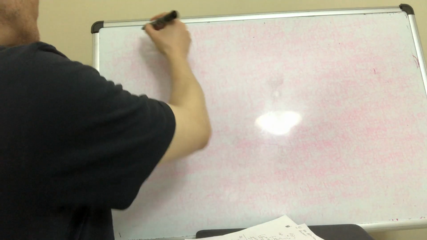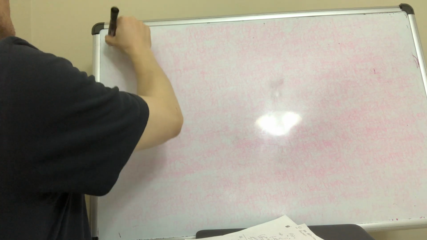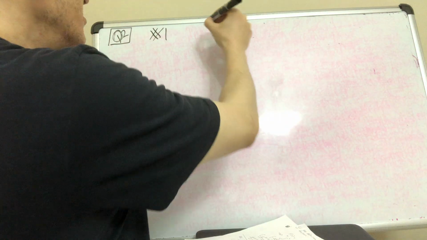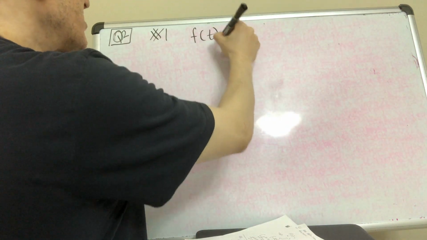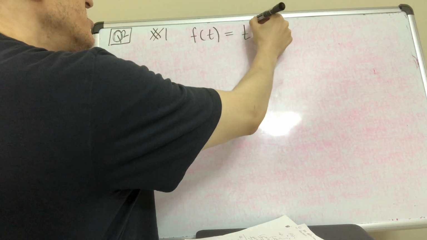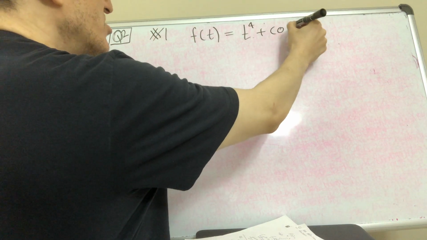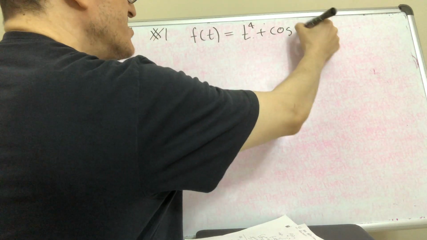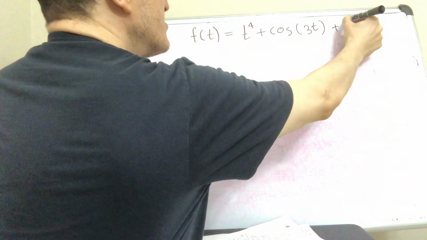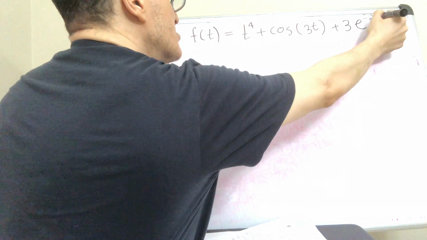So question number 2, number 1. You're going to do the Laplace transformation for t to the power 4, cosine of 3t, and 3e to the minus 2t.